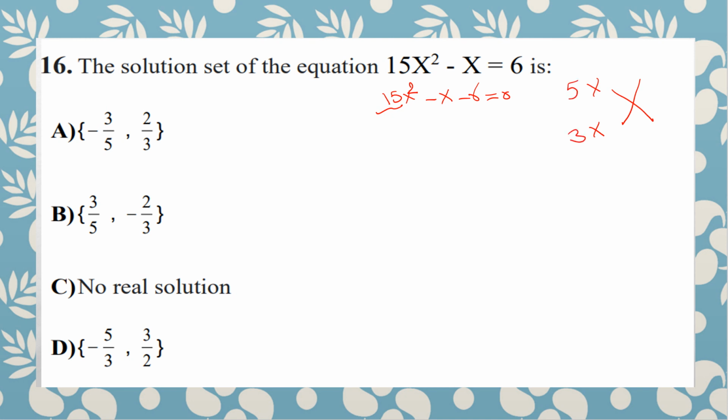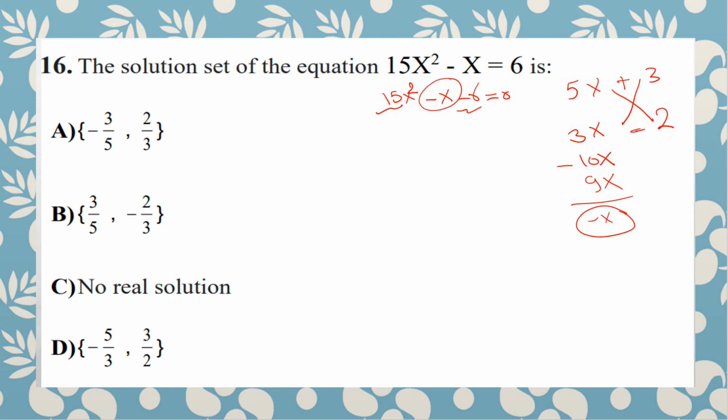For the 6, we can divide it into 3 and 2, giving 3 a positive sign and 2 a negative sign. So 5x times -2 gives -10x, and 3x times 3 gives 9x. Minus 10x plus 9x equals -x, which is the value of the inner side.